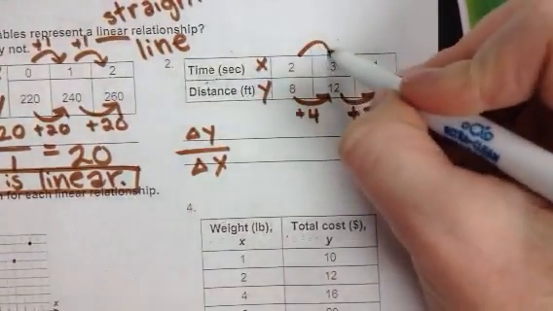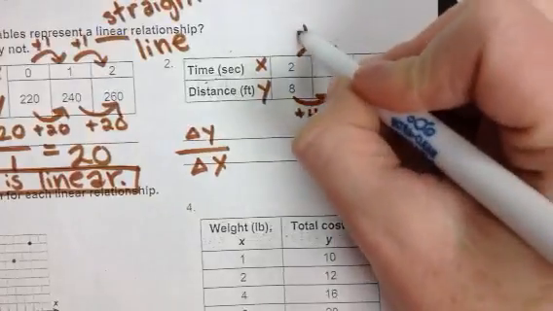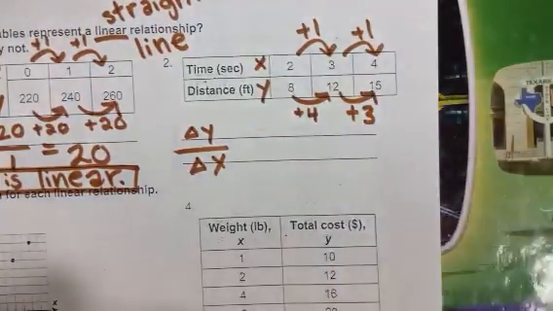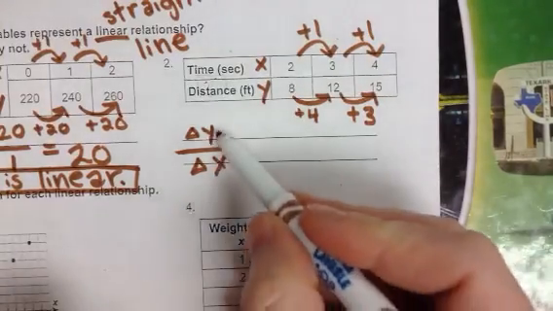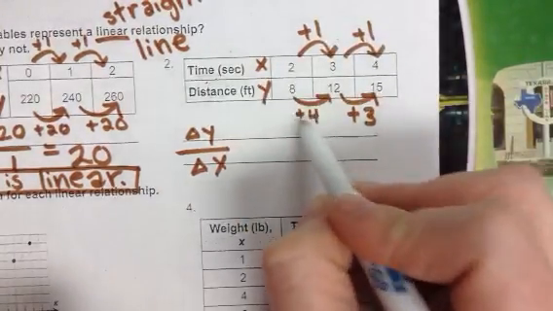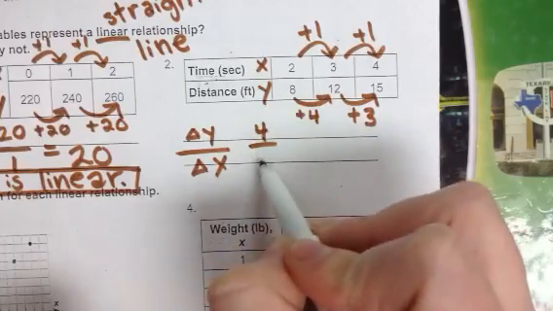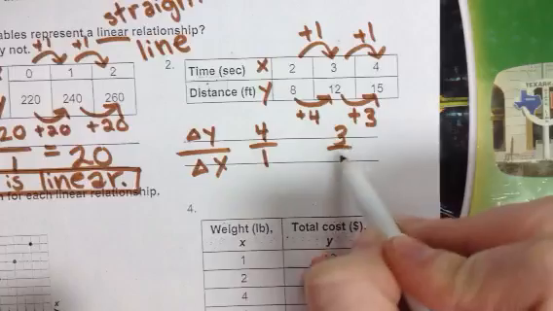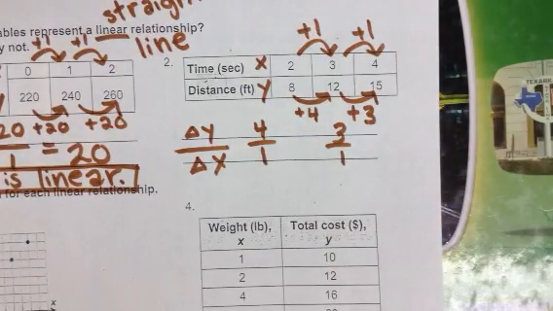On the top, change in x, it added 1, and it added 1. So if I set up these two ratios, it's going to say 4 over 1, and then this one over here would say 3 over 1. These two ratios do not simplify to be the same constant. So, since there is not a constant rate of change, it is non-linear.